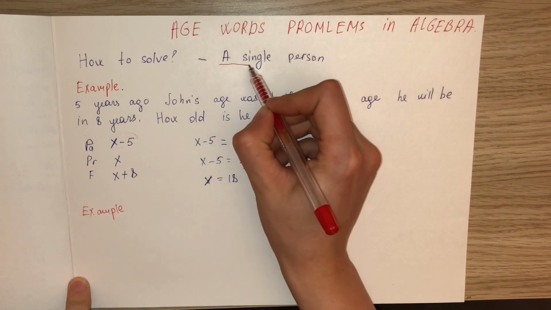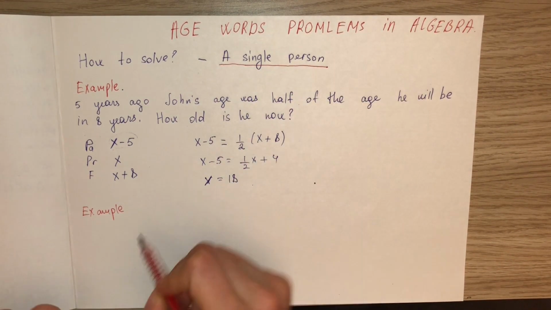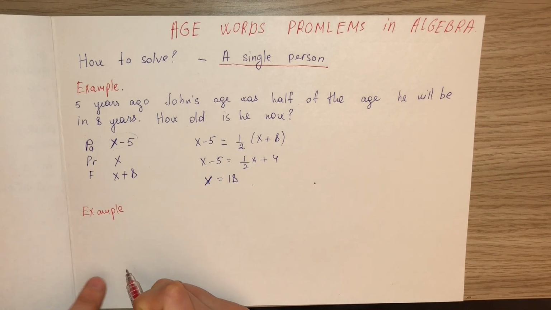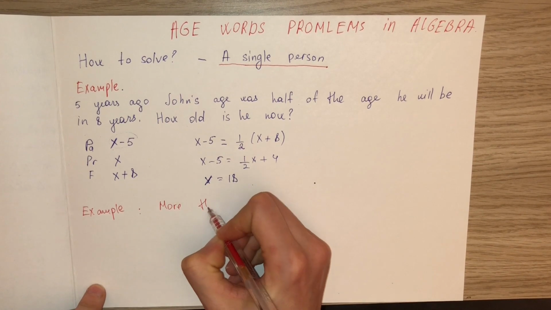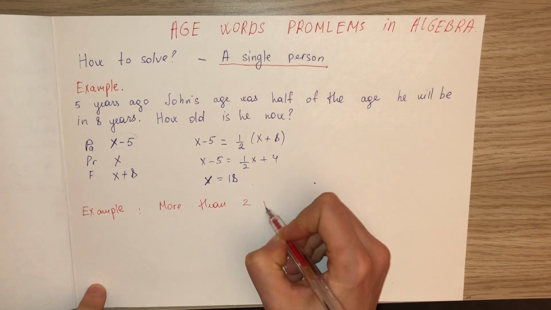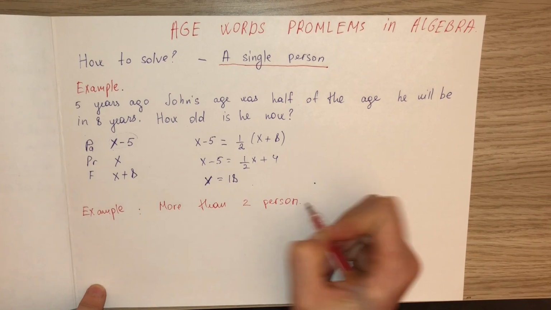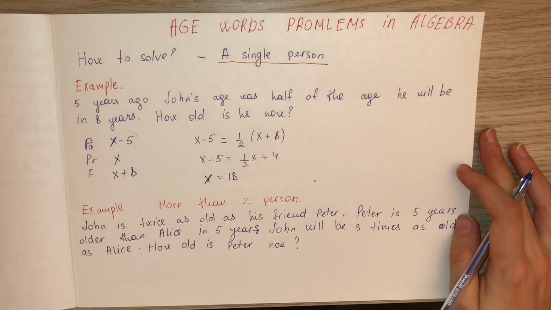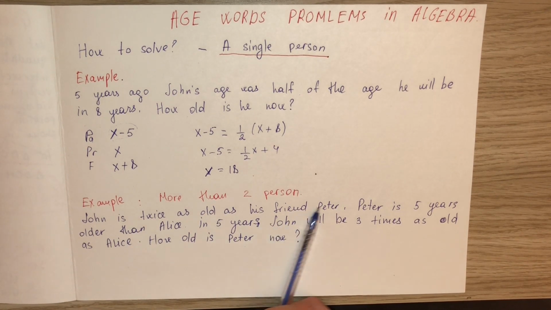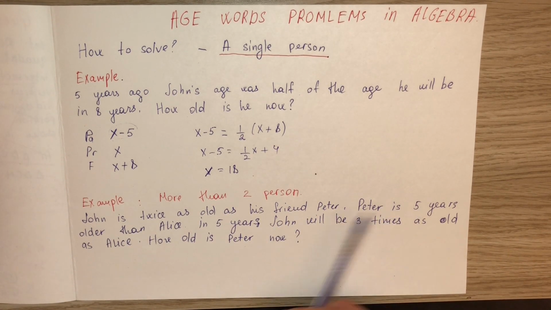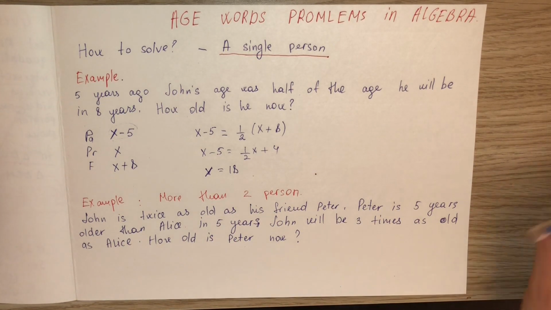The first example was a single person, and the second example is more than 2 people. Our second example. John is twice as old as his friend Peter. Peter is 5 years older than Alice. In 5 years, John will be 3 times as old as Alice. How old is Peter now?